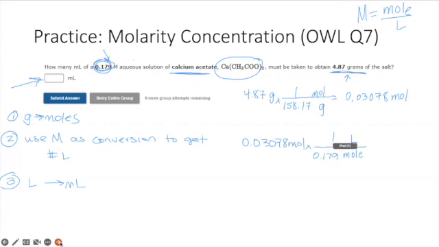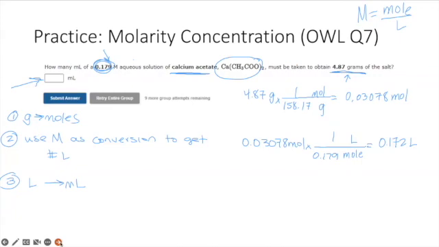So if I'm going to flip it, I can't leave that 0.179 on top. I need it to stay with the mole. So once I divide this, I get 0.172 liters.